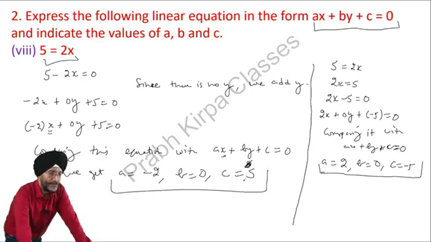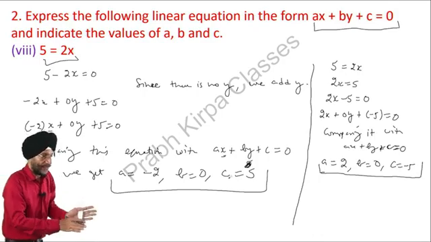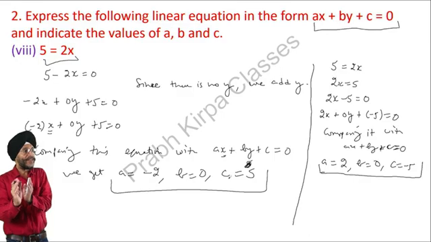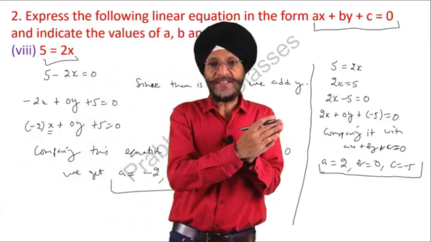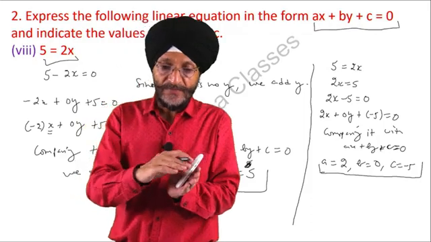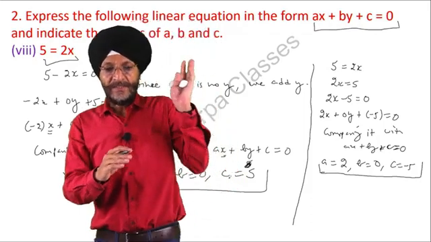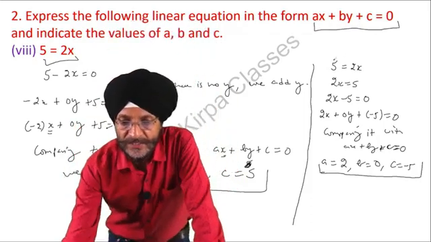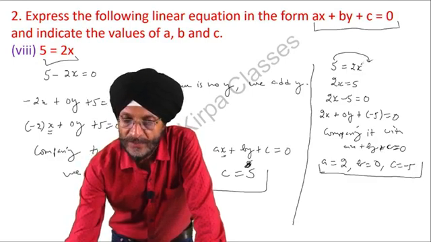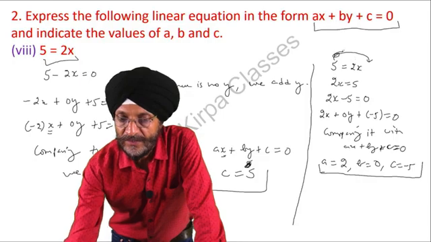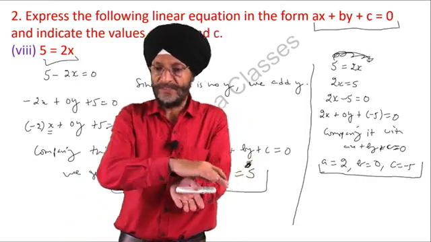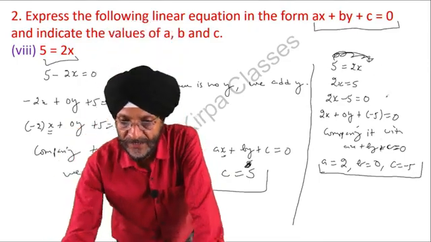The answer in both the cases will differ because in one case we have taken the variable to the left hand side, in the other case we have shifted this to the other side. We have taken the variable to the other side as explained in this question.